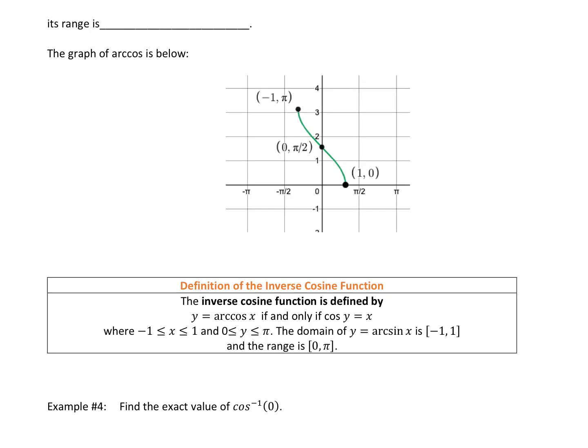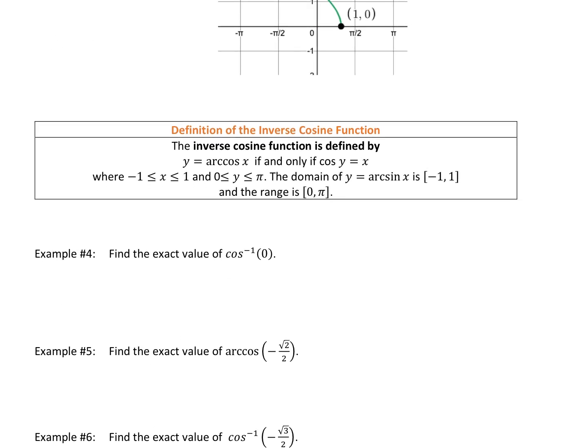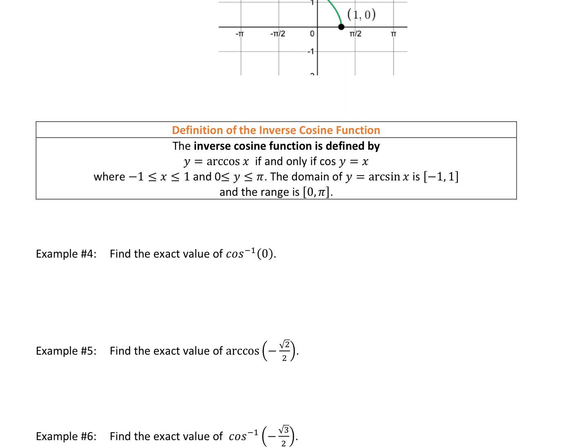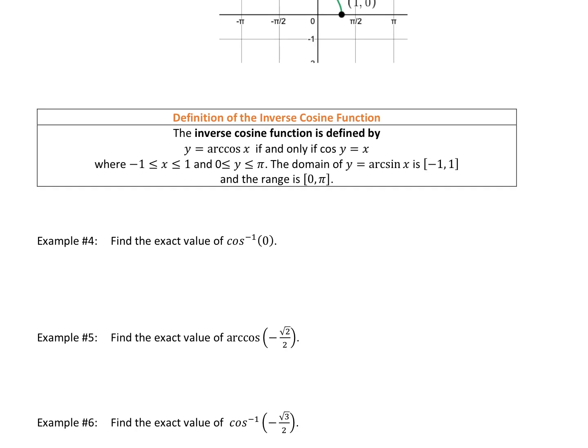So again, here's my graph of just arc cosine, that restricted domain. And then here it is written in words, your definition of your inverse cosine. And then if I drew a picture of this, I've got my unit circle for arc cosine.